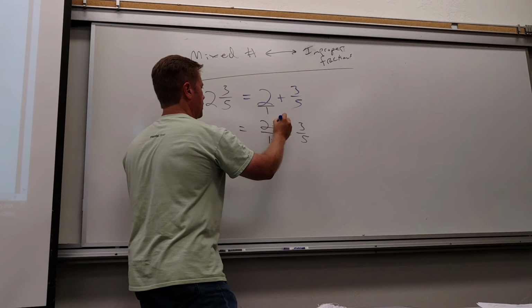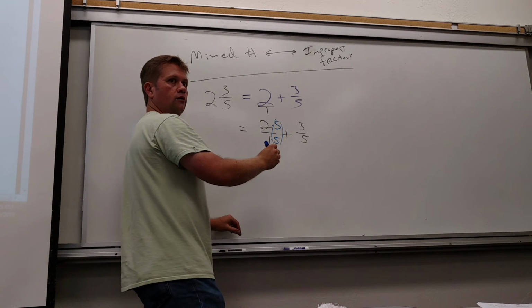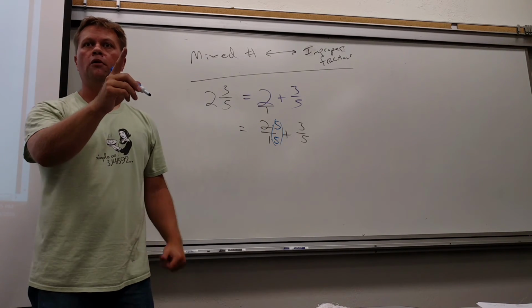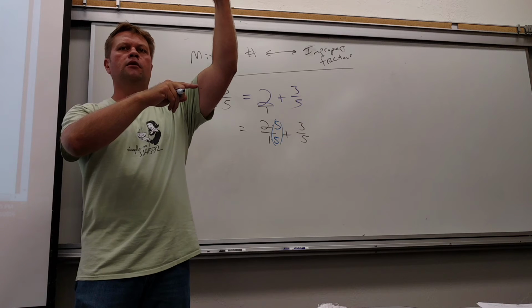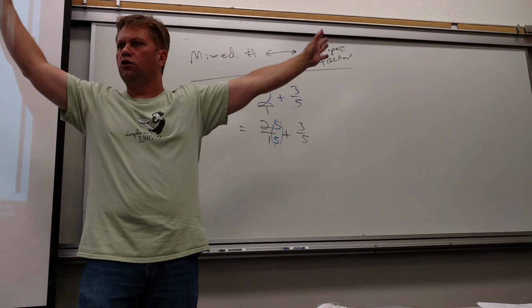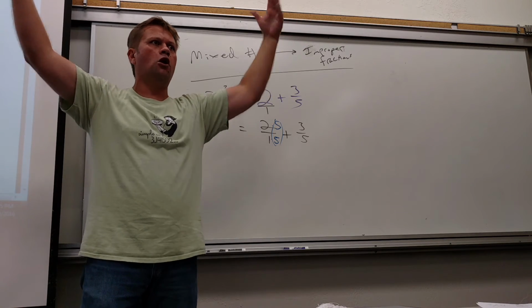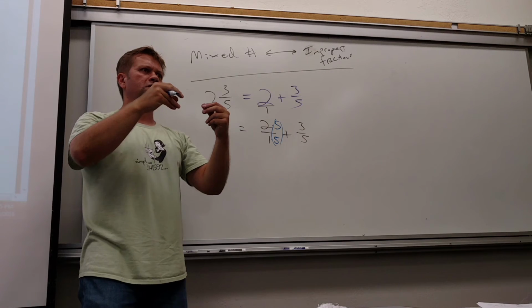Because watch, if I multiply by 5, what is 5 divided by 5? 1. So I just multiply by 1. That's what makes it legal. If I do the same thing to the top and the bottom, I'm actually just multiplying by 1. I can multiply anything in the universe by 1. It's always allowed. Anything. Give me something. I'll multiply by 1.